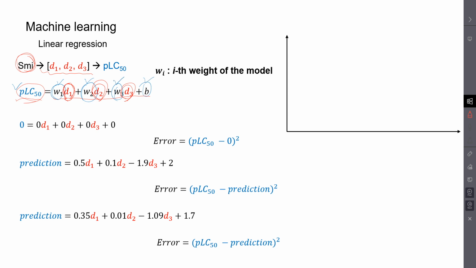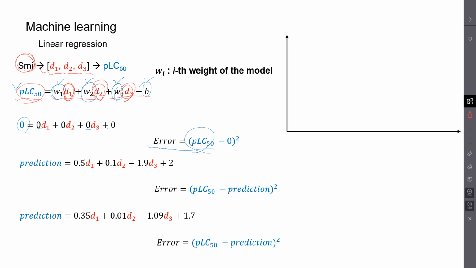So how does it find them? First, let's start with initial weights of 0. All the weights and bias are 0. So in this case, any structure will be calculated as 0. So the errors are just as much as the experimental value.